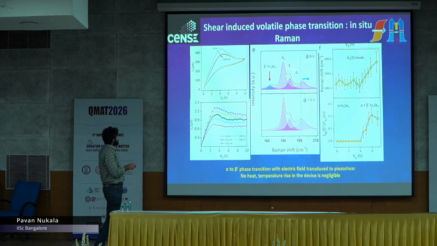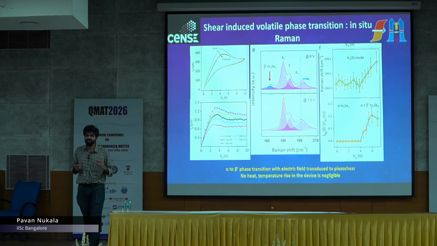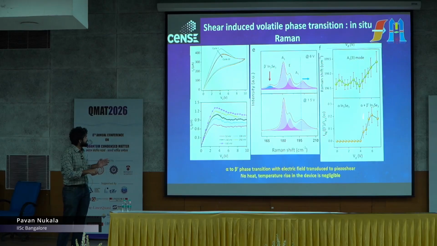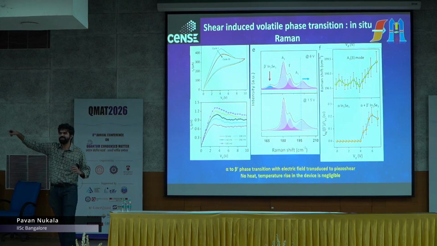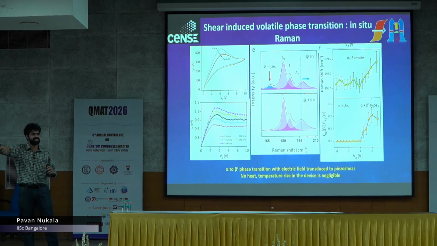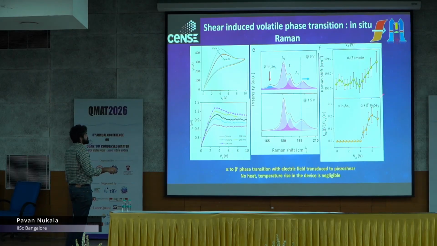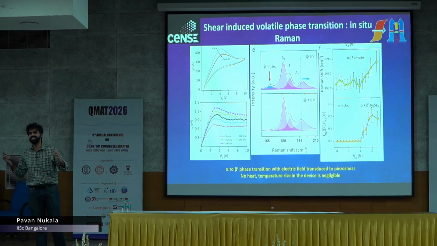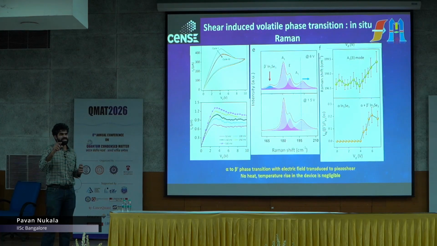And then we do an in situ Raman to actually understand what this is, and this turns out to be a phase transition, right? So initially at low voltages, I am in the alpha phase of indium selenide, and once this NDR comes up, or this shear strain starts to go down, it transforms into an alpha plus beta prime sort of phase, right? So again, beta prime means I don't understand it fully, but in literature we know what a beta prime phase is, right?